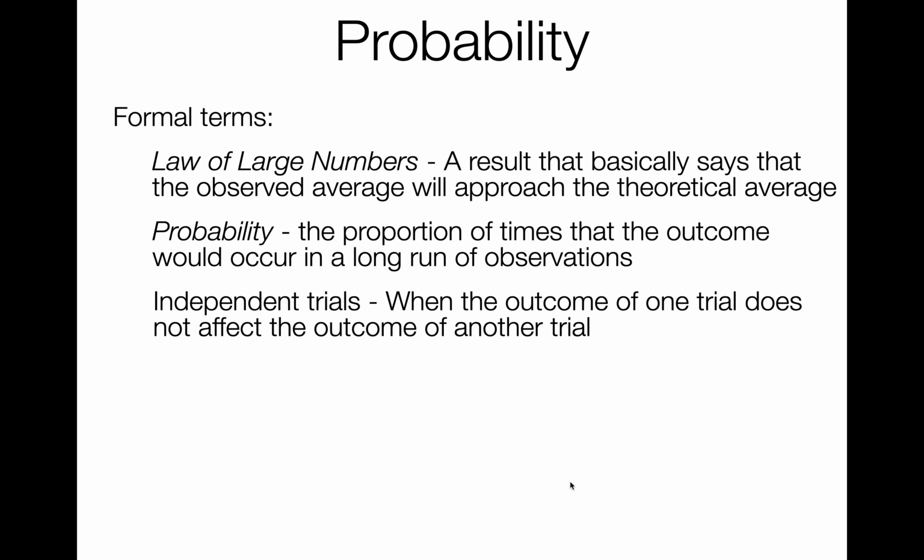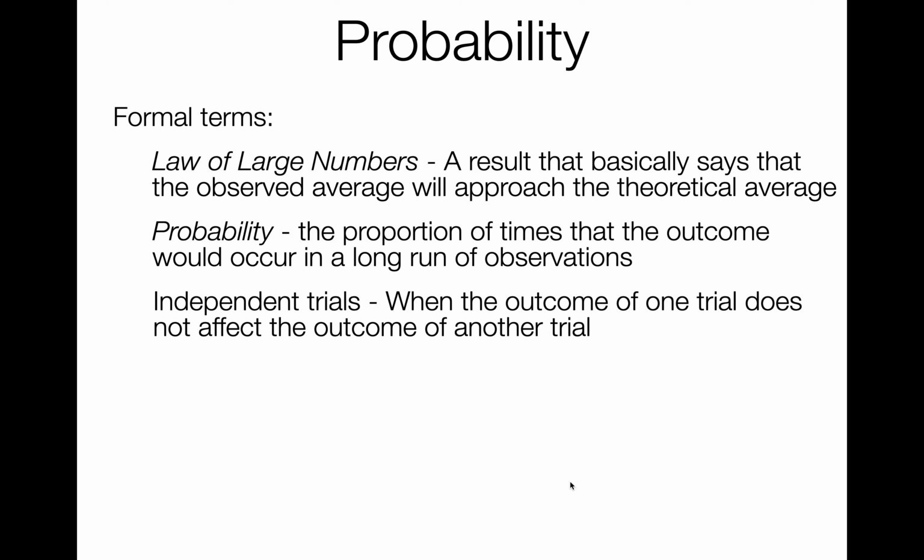The last thing that we need to understand is the idea of independent trials. Okay? The idea of independent trials is when the outcome of one trial does not affect the outcome of another. As an example, if you flip a coin once and it lands heads, does that affect the next flip?